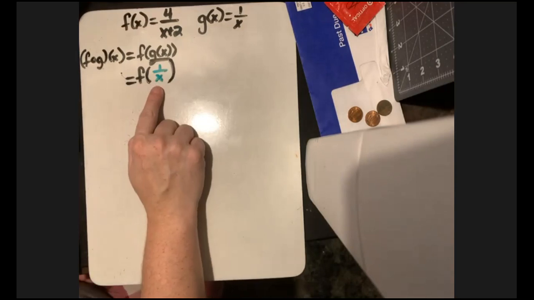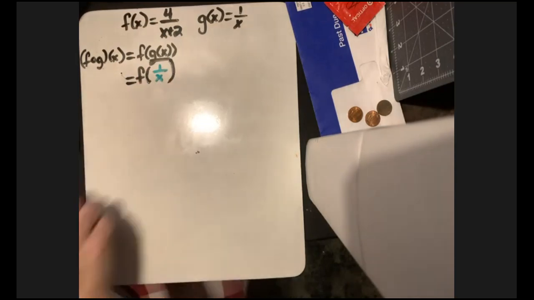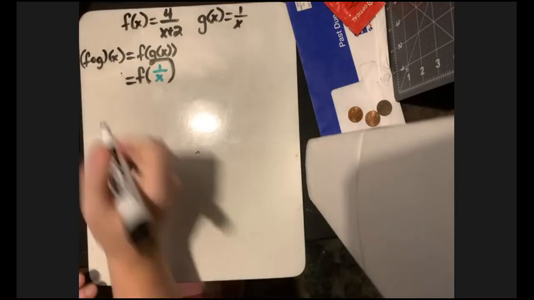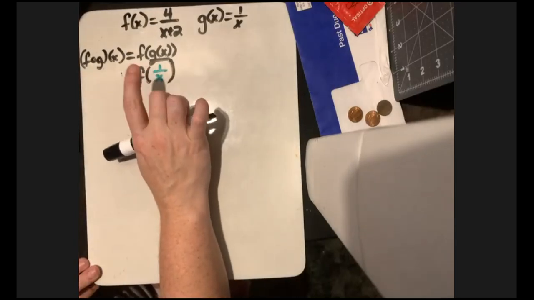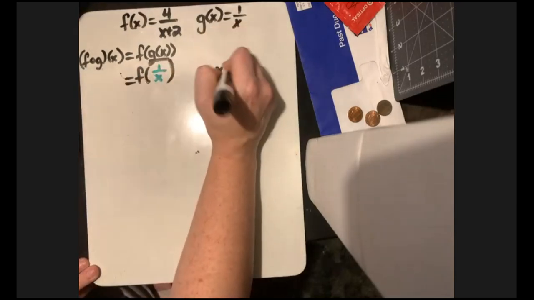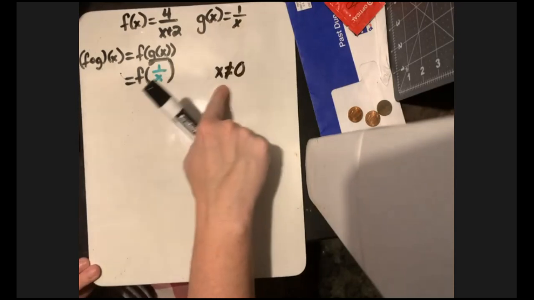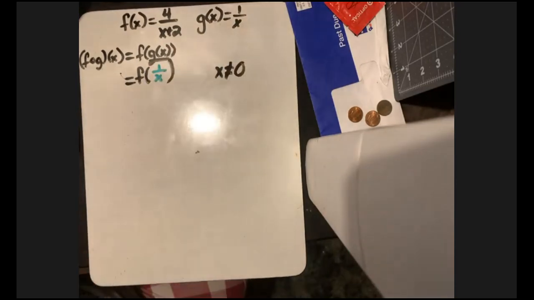So just off the jump, based on the fact that I've already put in a function that I have a problem with, I need to know right now x, which is the denominator of this thing, cannot be 0. So now I've already established that 0 is a number that's going to be off limits for this problem.